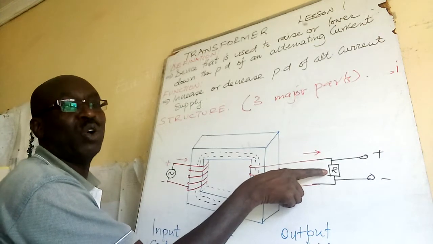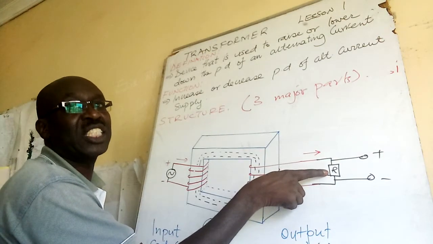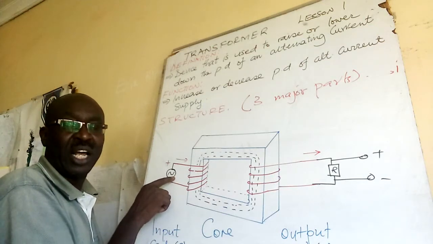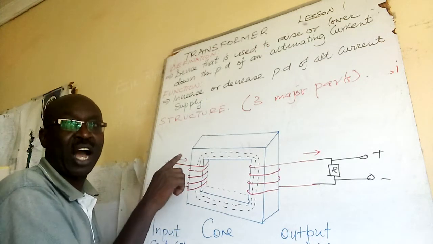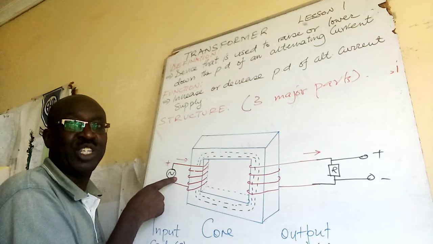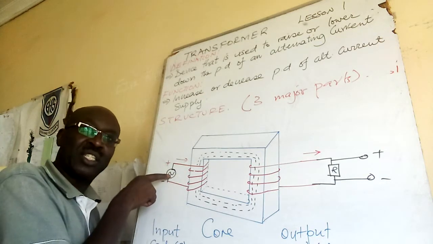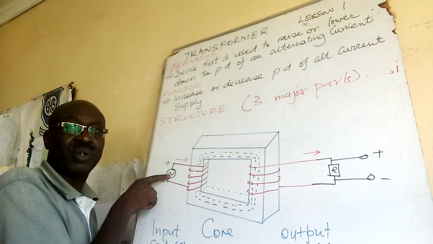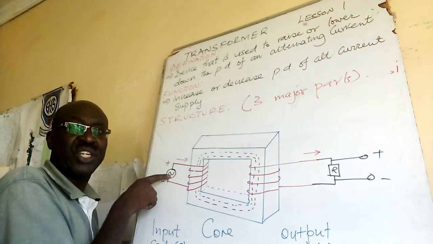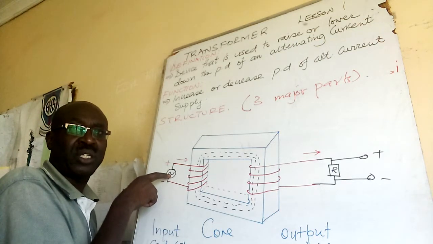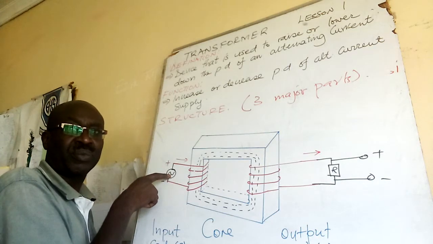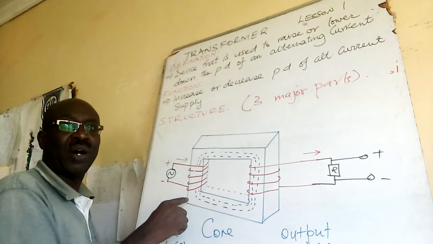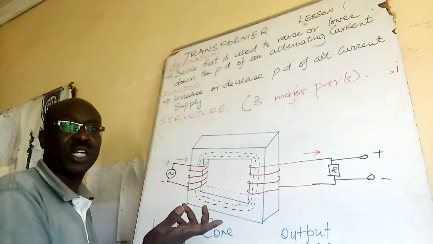So this is the consumer of our product, if I may say so. This is the giver, the initiator of this process, this alternating PD. The initiator of the process is this. Then the facilitator is the one connecting primary and secondary.